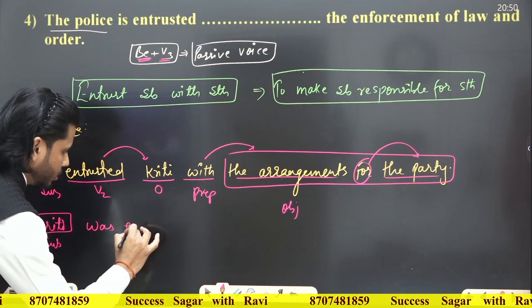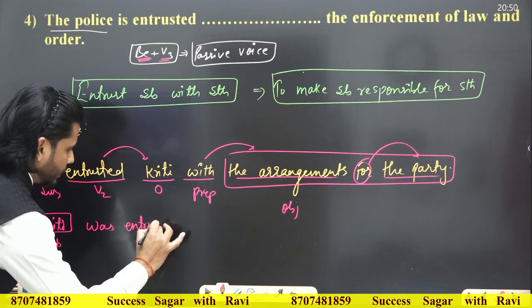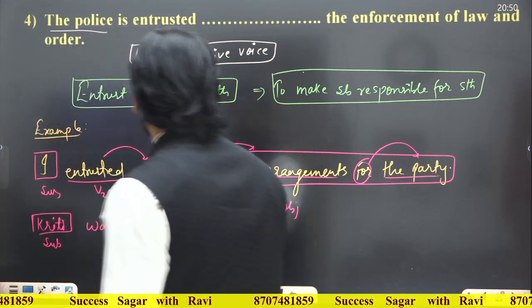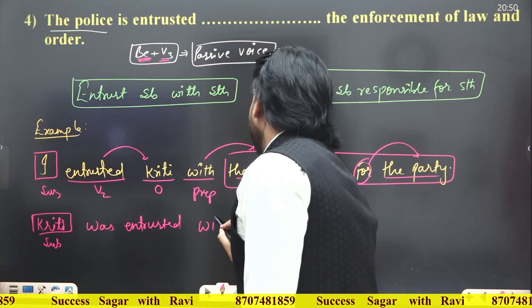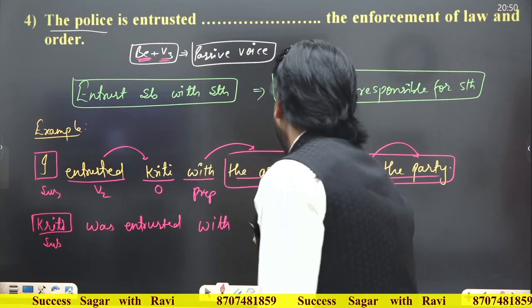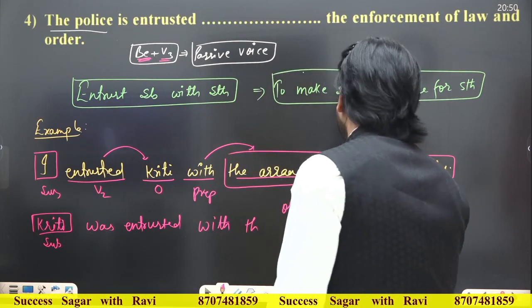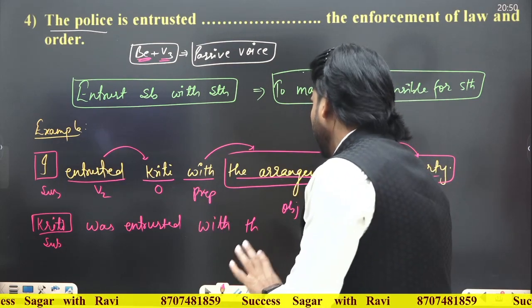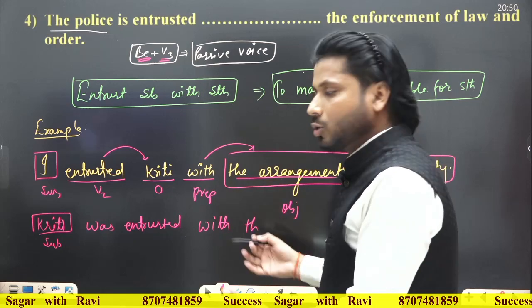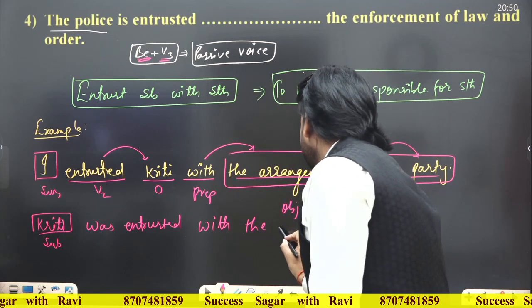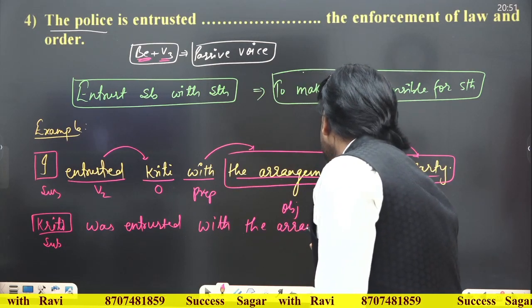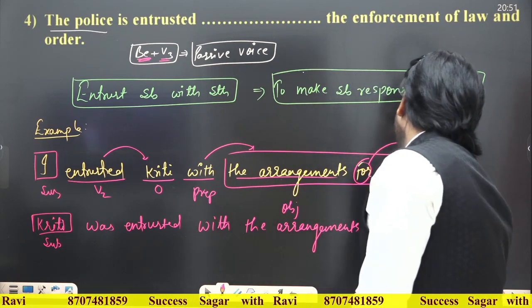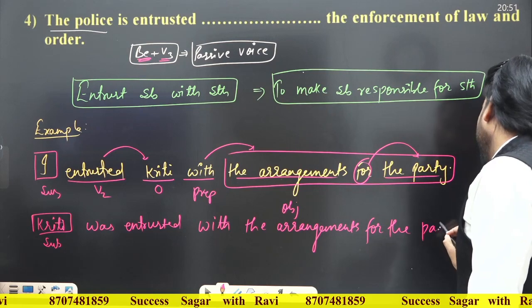Kriti was entrusted with the arrangements for the party. We don't have to make any changes over here because these are the other words of the sentence, so we write this part as usual.